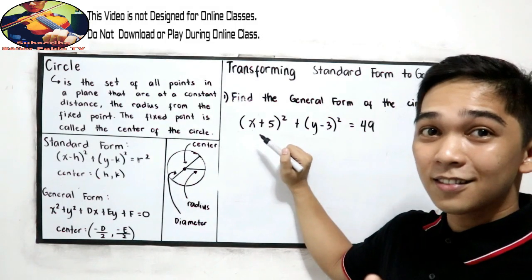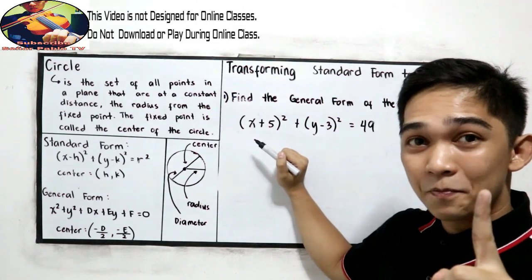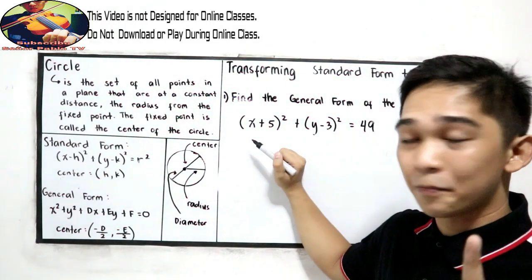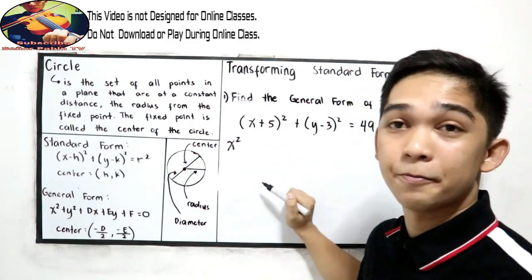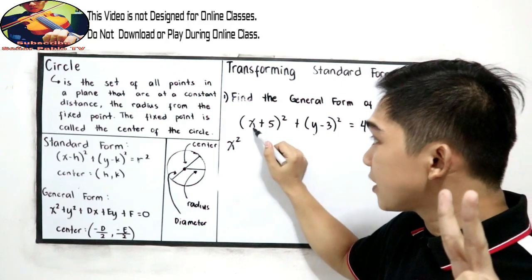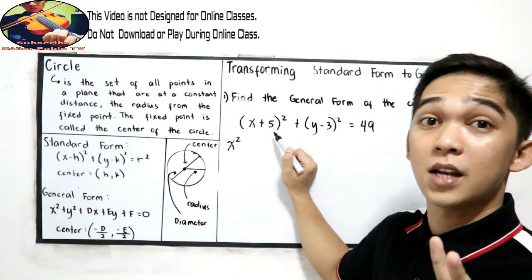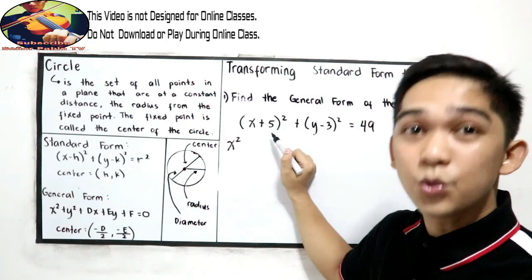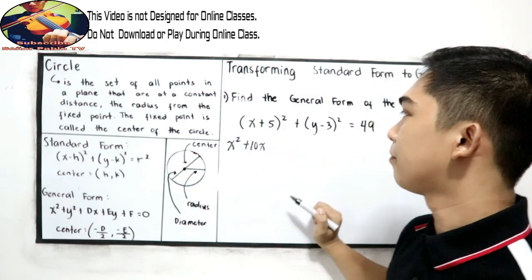Grade 8 lesson, special products. First step, square the first term. Square, so that will become x squared. Second step, multiply the first and the second term. So x times 5, that is 5x, times 2, that is 10x.